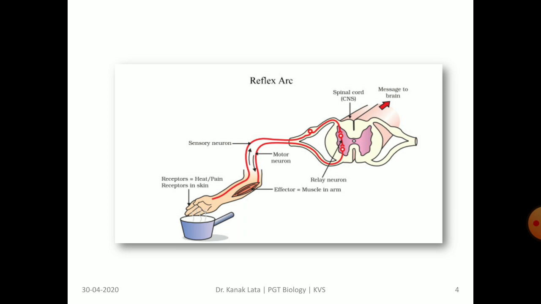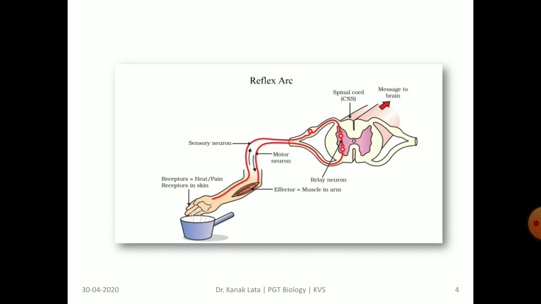This is the figure showing reflex arc, that is, the path through which reflex action takes place. The stimulus is received by, from where? It is received by the receptor, and then it passes to the spinal cord via the sensory neuron.